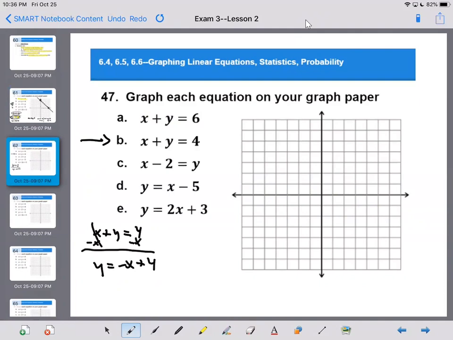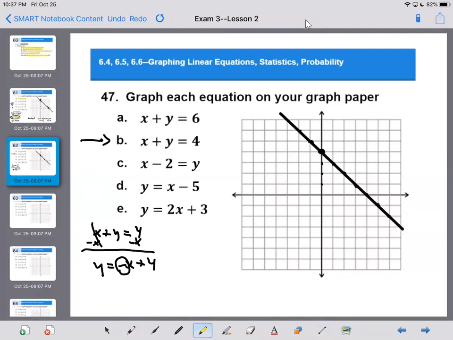So I'm going to go up 4 on the y-axis, 1, 2, 3, 4. I'm going to put my point there, which represents my y-intercept. And then I'm going to plot my slope, which is a negative 1, down 1 to the right 1. Or we can think from the intercept, up 1, left 1. And we create our line.